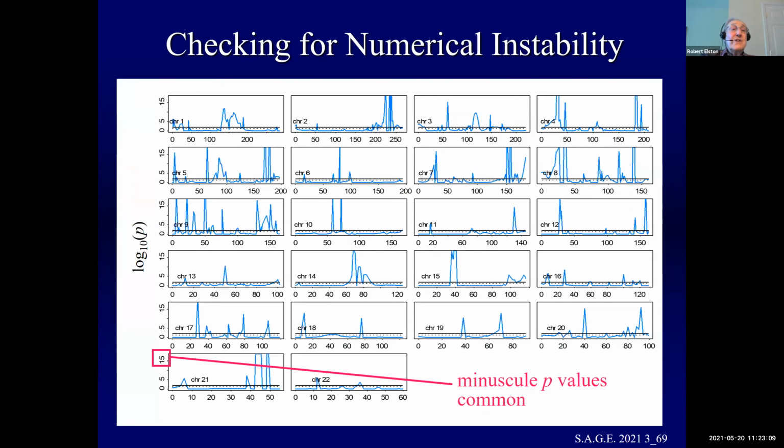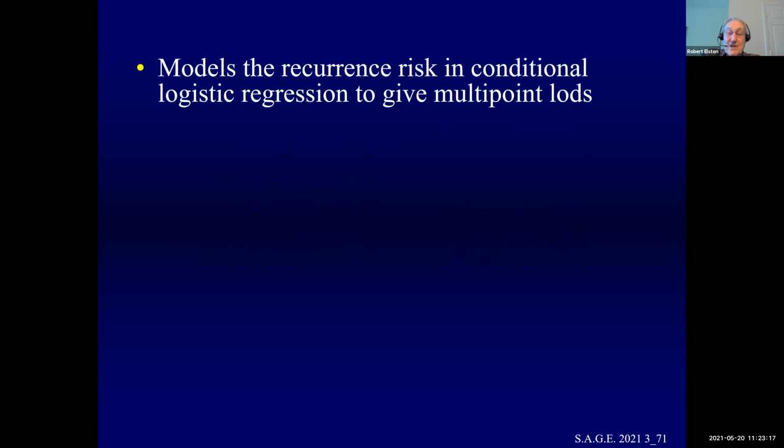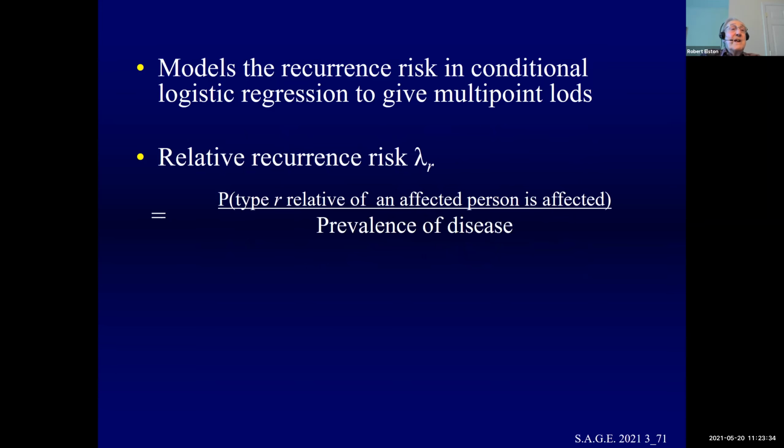Okay, so now let's look at the maximum likelihood analysis of affected relative pairs. This models the recurrence risk in the conditional logistic regression to give multi-point LODs. Okay. What is the relative recurrence risk, lambda R? It's the probability that a type R relative of an affected person is affected divided by the prevalence of the disease.